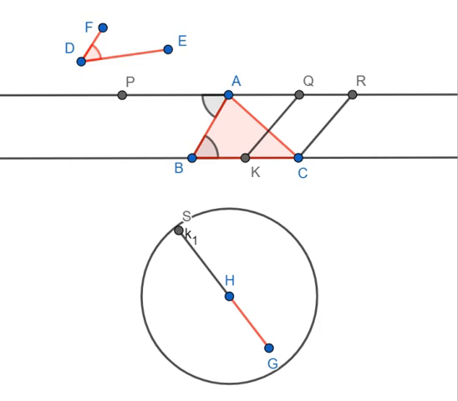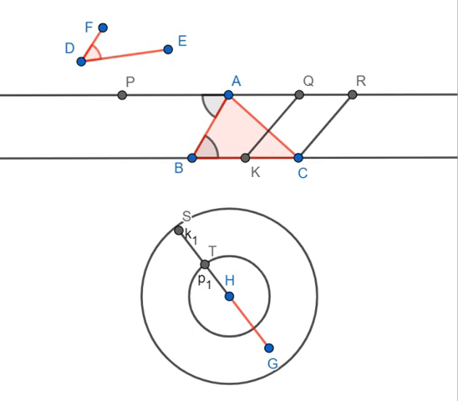Similarly, H as the center and DF as the radius. Okay, we need the centers. So let's look at the intersection of these two, the inner circle with the line. So we have got this intersection point.